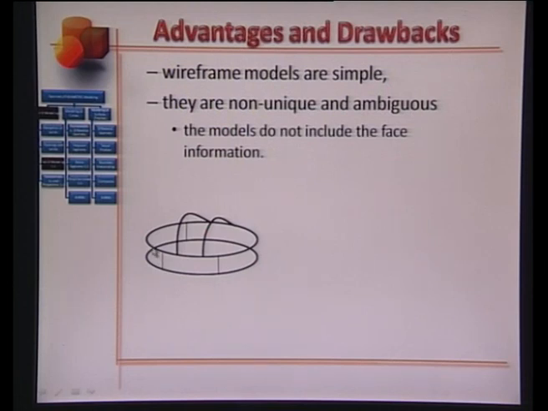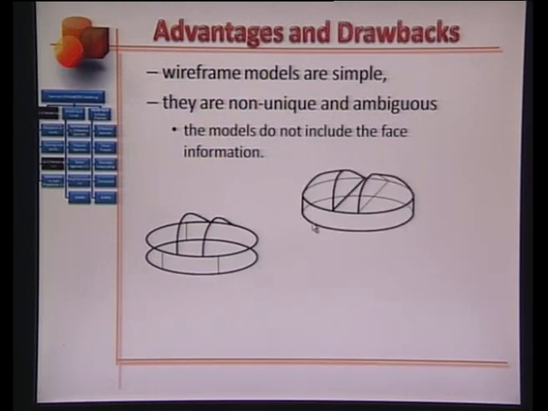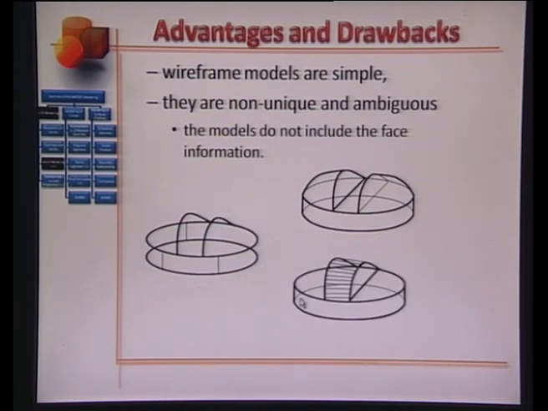One may not find it difficult to identify that the base is cylindrical, but one would find it hard to identify what is laid over it. Will this wireframe correspond to this solid, or will this wireframe correspond to this solid? It is not very clear.